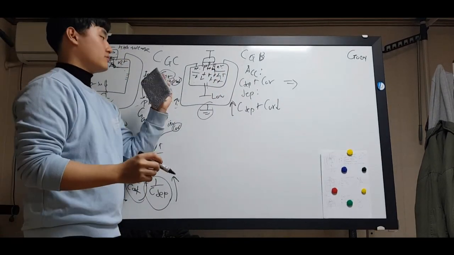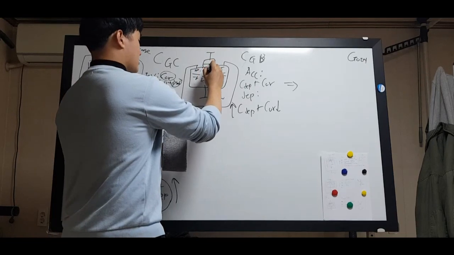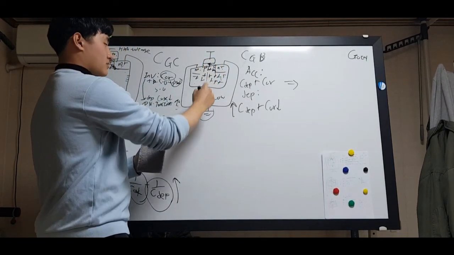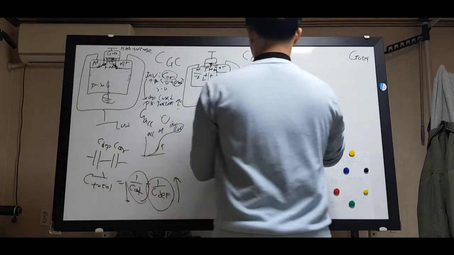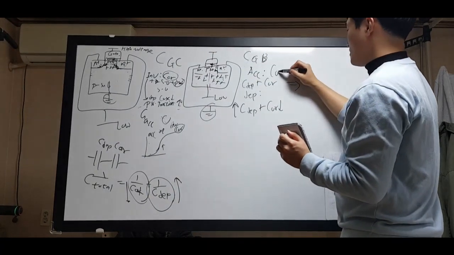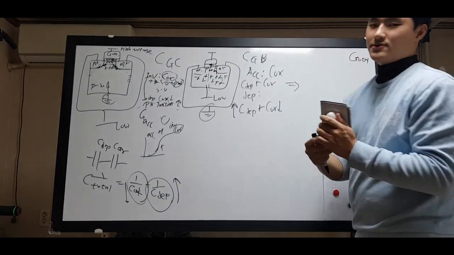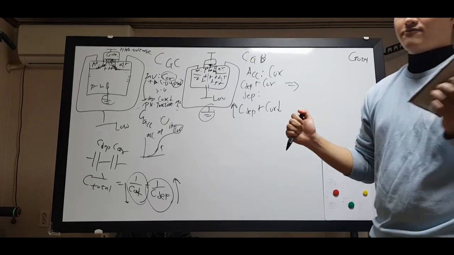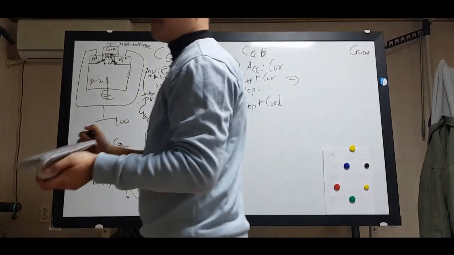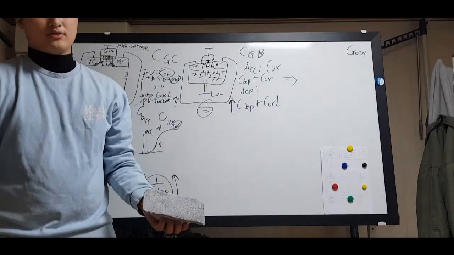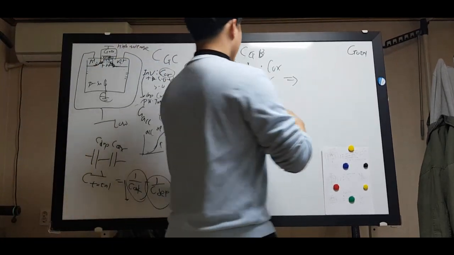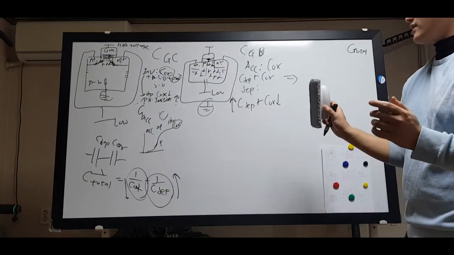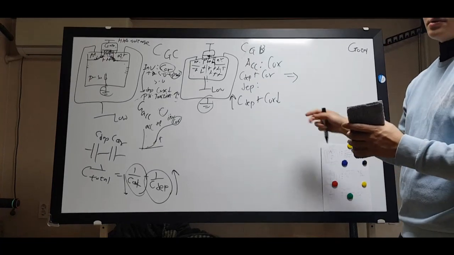So what we can see is the oxide capacitance here. For accumulation, there will be only the oxide capacitance. Of course, there will be other capacitances like fringing, but since they are very small, this time we are just looking at the big ones.